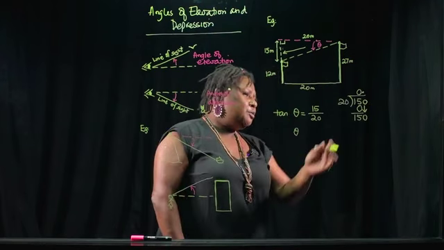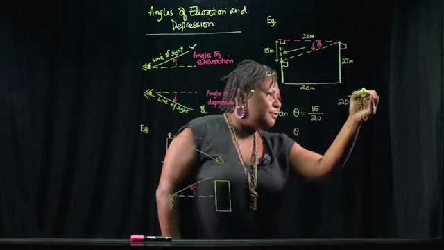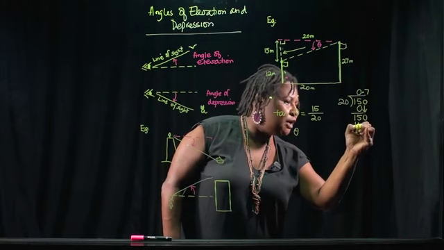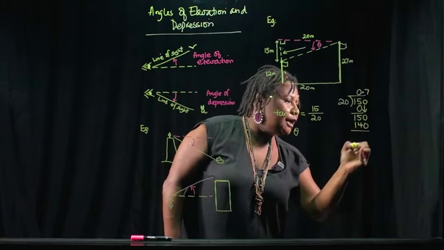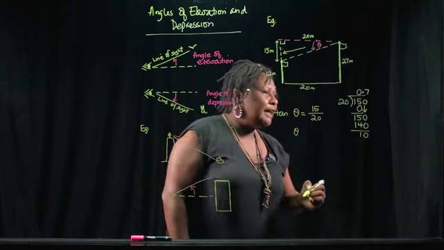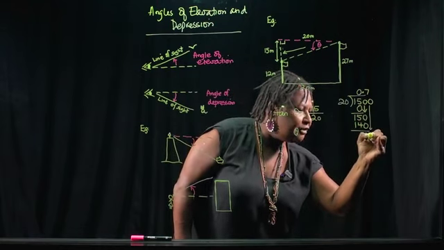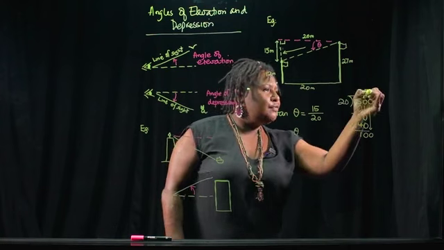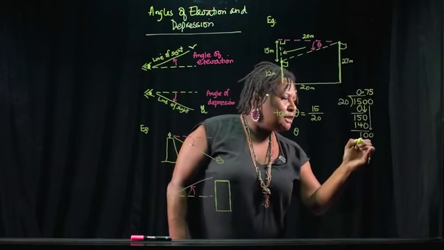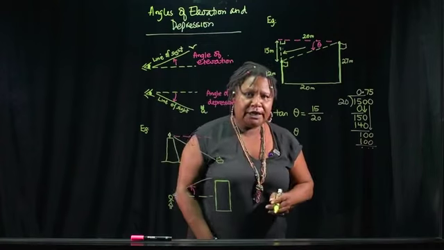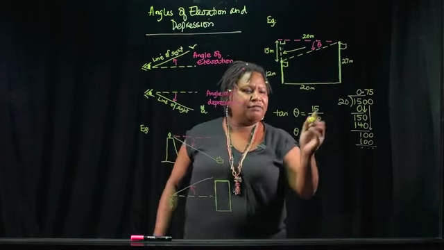How many times will 20 go into 150? 7 times. 7 times 20 is 140. We have a remainder of 10. Add another 0 and bring it down to make it 100. 5 times 20 gives us 100. No remainder. So we get 0.75.